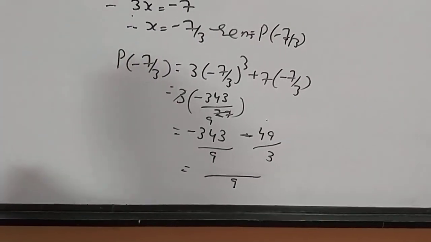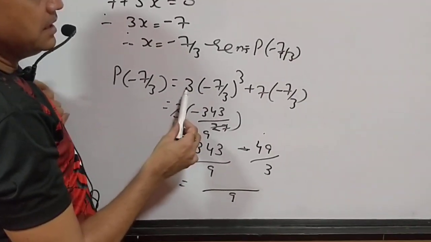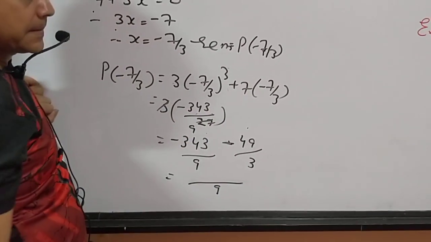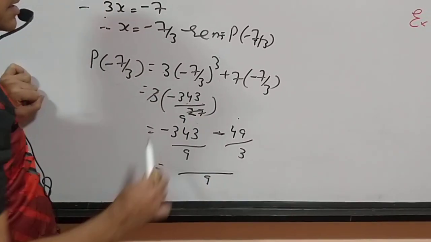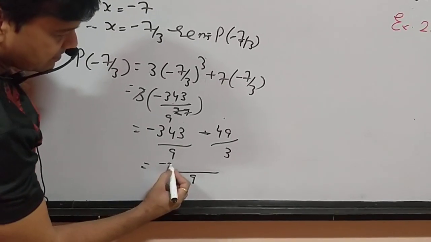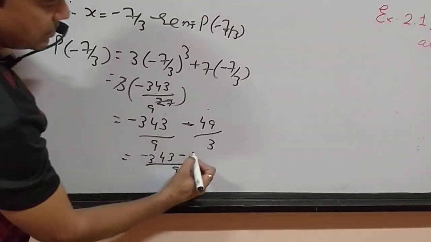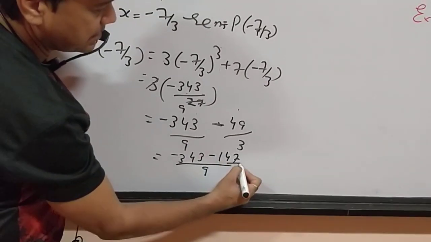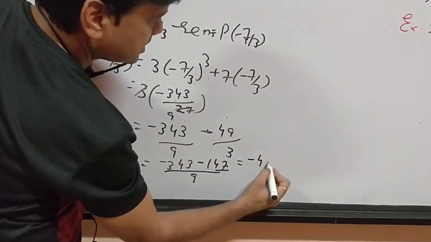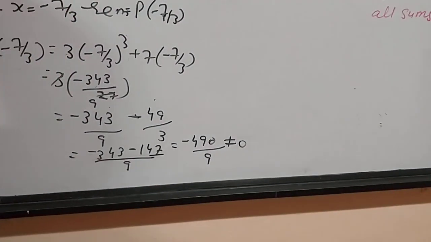LCM is 9. Here, first, what you do? 3 into minus 7 cube is minus 343, 3 cube is 27. And 3 9s is a cancellation. Then LCM is 9, so this is multiplied by 3. 147 multiplied by 3. Now add them. Minus 490 by 9. Not equal to 0.